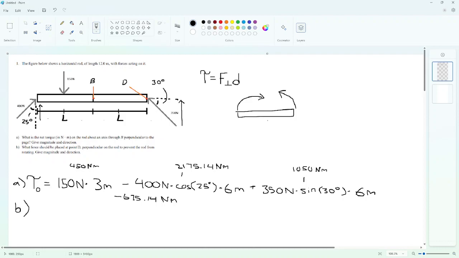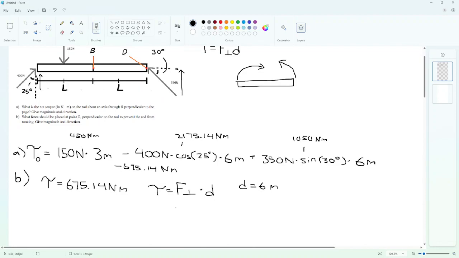Okay, so if we're doing that, we're going to need a torque that is going to be opposite of this, which is 675.14 Newton meters. We're going to need a torque like this. So if it's being placed at D, since torque is equal to force perpendicular times some distance, our distance in this case is going to be 6 meters.